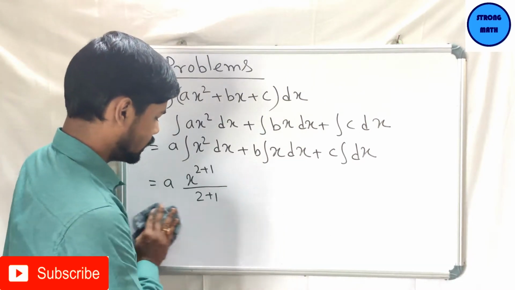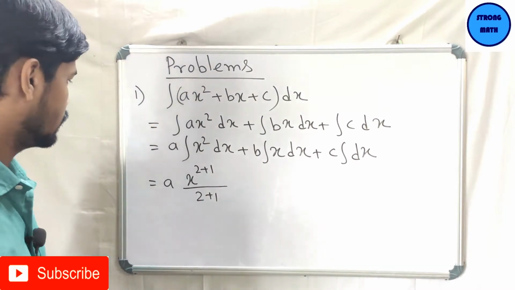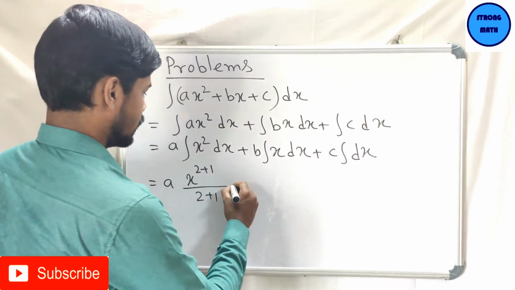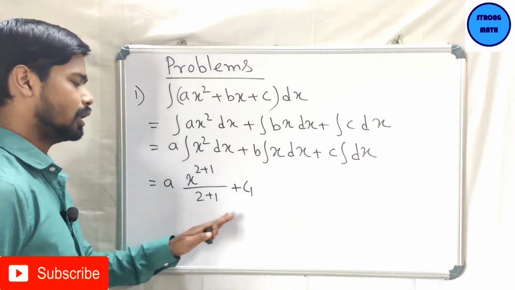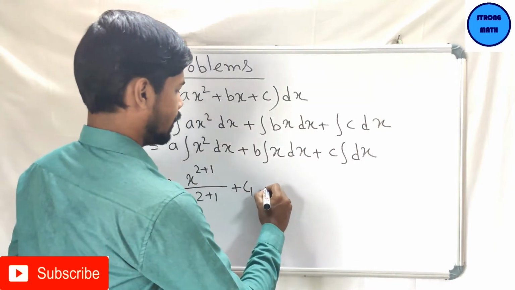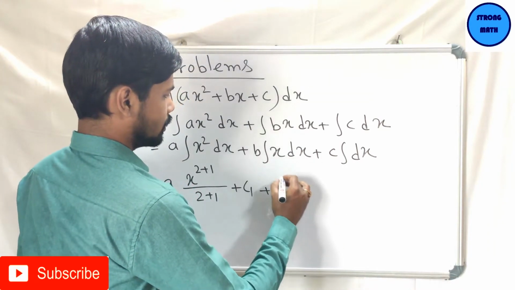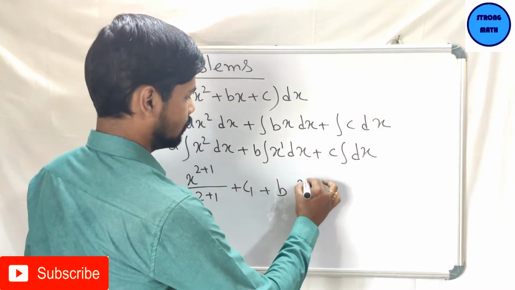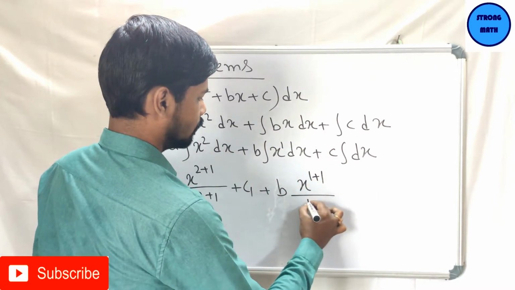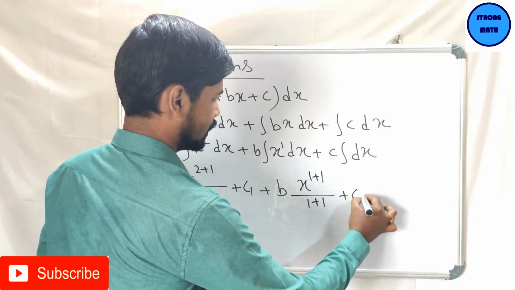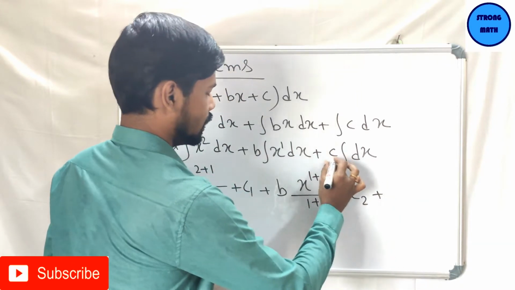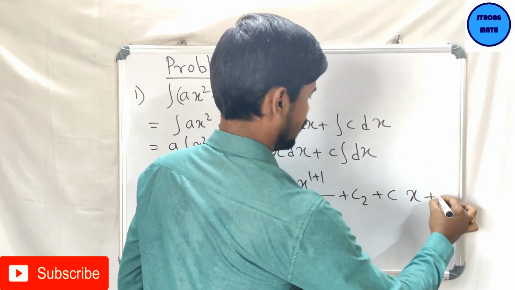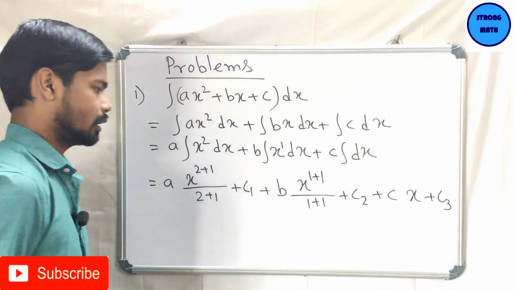So we know that for every integral we must take an integrating constant. So you can write plus c1, plus b integration x, that means the power of x is 1 here, so this will be x to the power 1 plus 1 by 1 plus 1 plus another constant c2. Here c is the scalar, integration dx is x plus another constant c3.